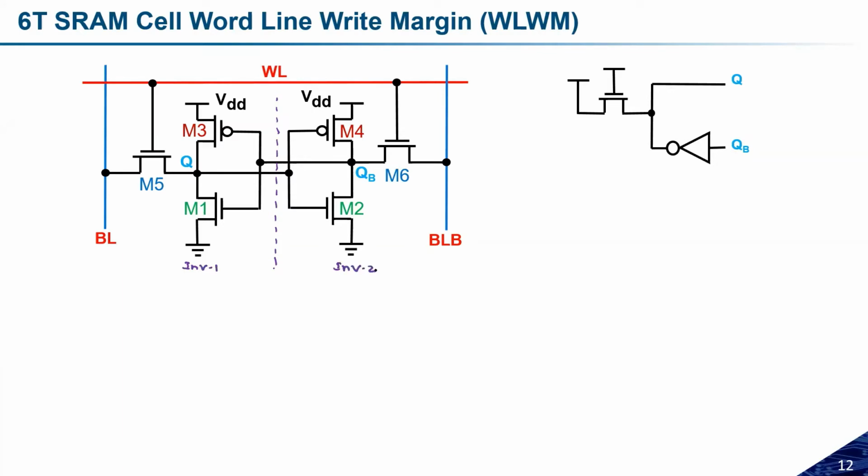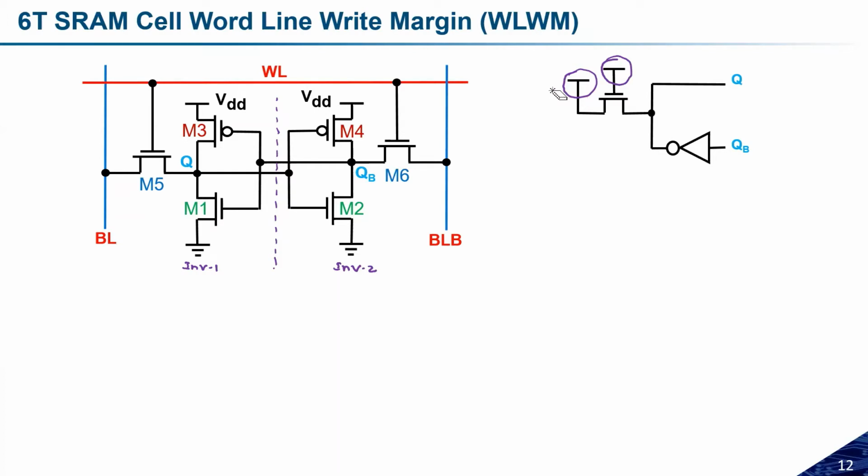For inverter number 1, the bit line is connected to VDD and the word line is connected to VDD. Let us assume Q is equal to 0, or any other value. It is just a storage node.